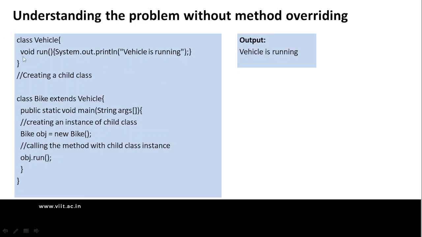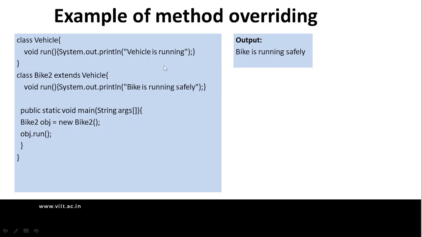Here class Vehicle has void run, System.out.println vehicle is running. Then Bike extends Vehicle, and the main method. So without overriding, this is the simple structure. Then an example of overriding: Vehicle has run.